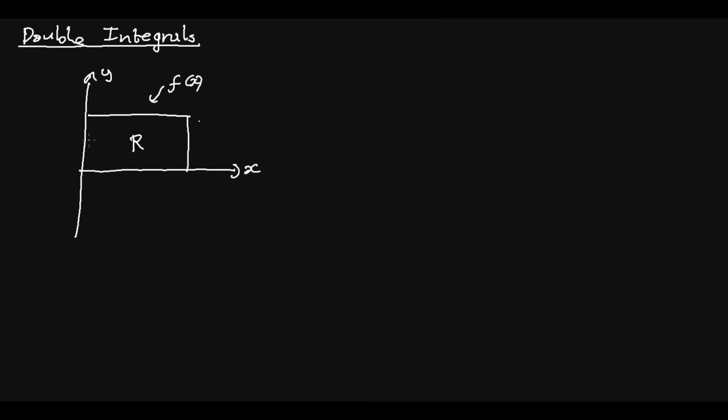So the solids that we were getting before, we were getting them by revolving this region around some axis, could be x, could be y. Then it will form some shape, for instance, which is like this one here.